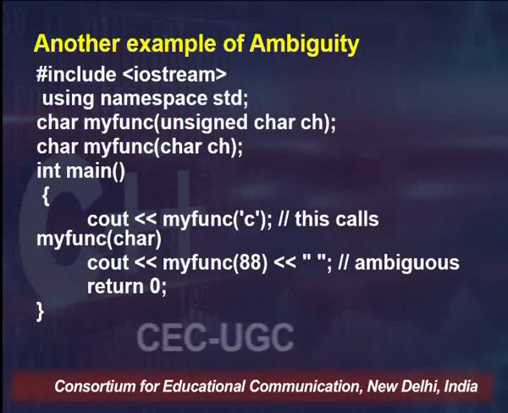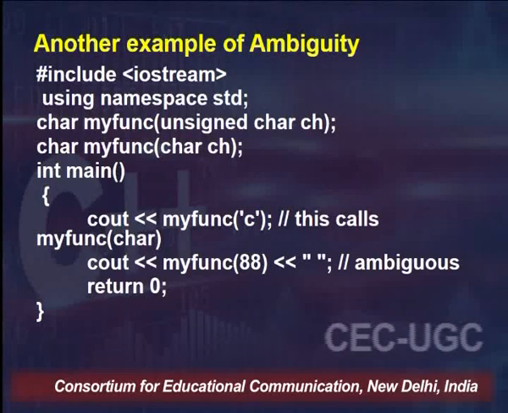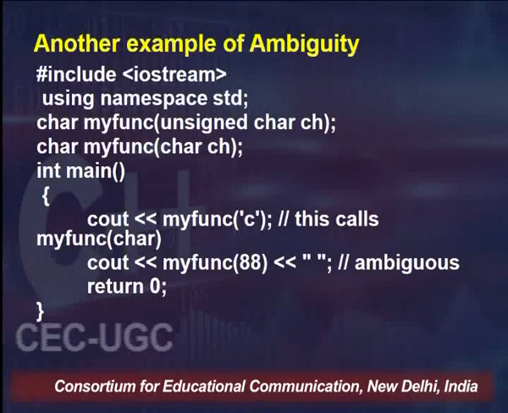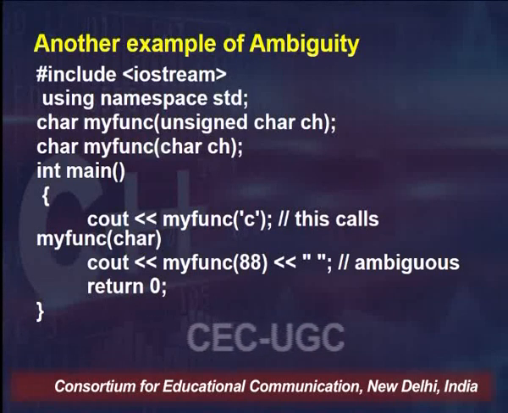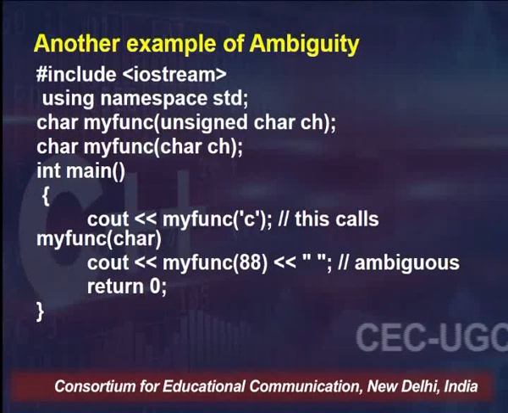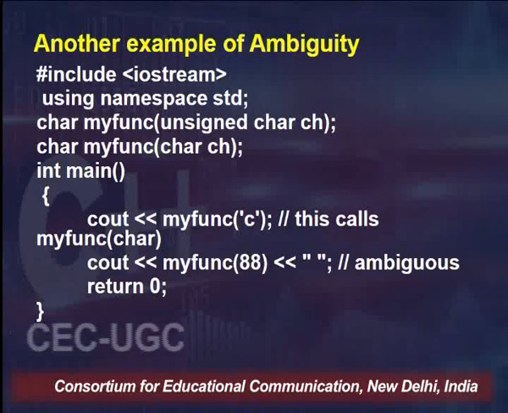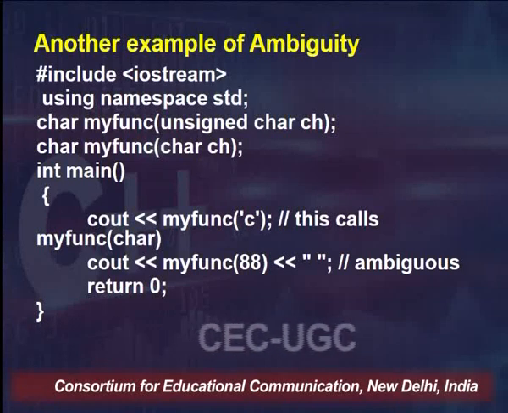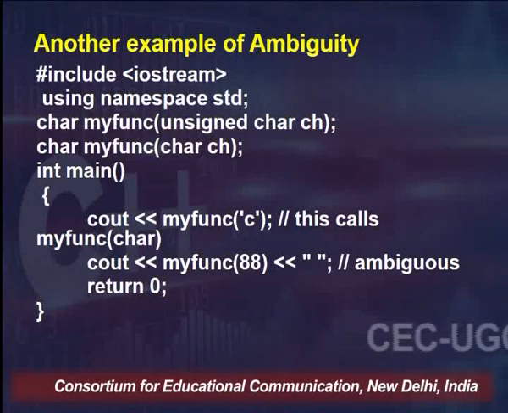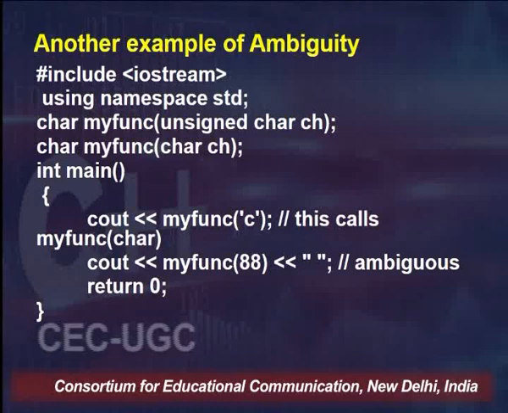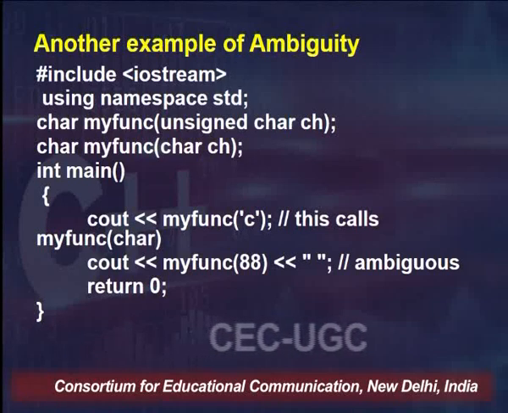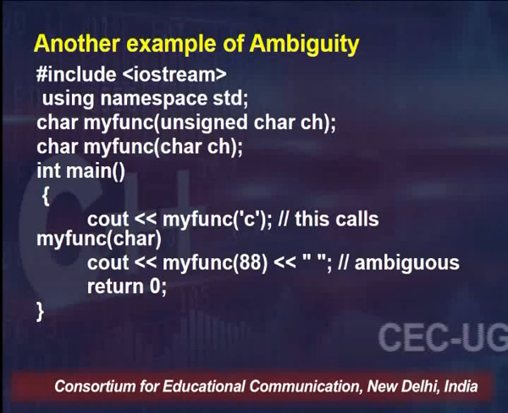Now with the definitions of these two functions and the prototypes written before the main, within the main I am calling one function as myfunc('c'), and for another I am going to call myfunc(88). In the first call, within the brackets we have 'c' as the character. This is going to call the simple myfunc character version.